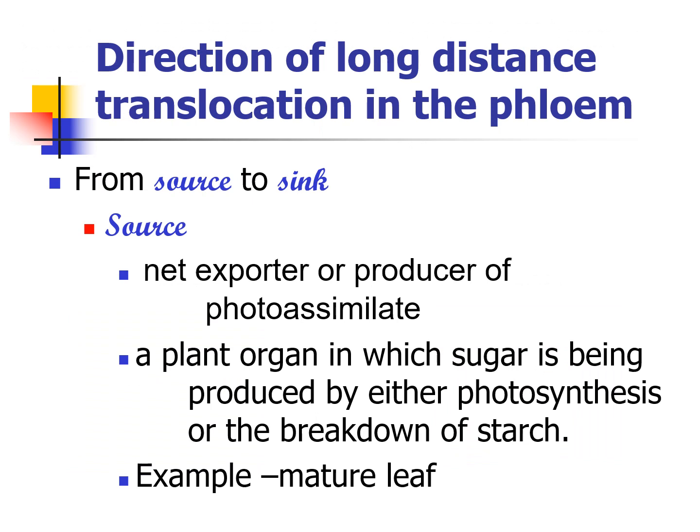The direction of long-distance translocation in the phloem is from the source to the sink. By source, we mean a producer of photoassimilate like a mature leaf, or a net exporter of photoassimilate like the bulky root of kamote or carrot.